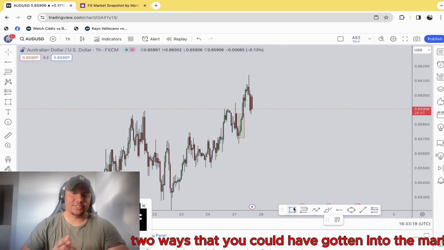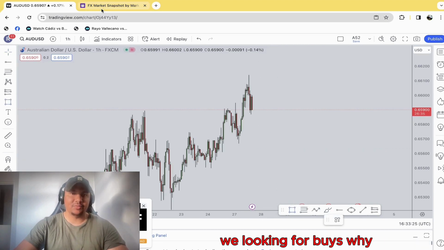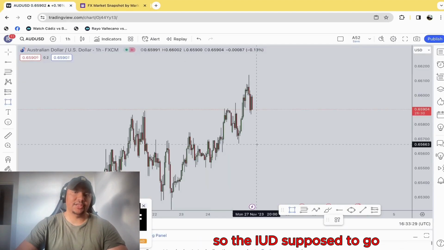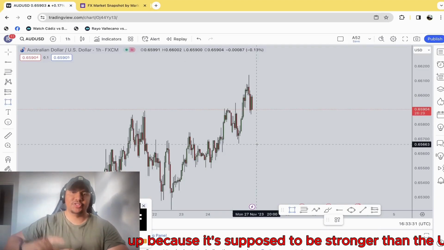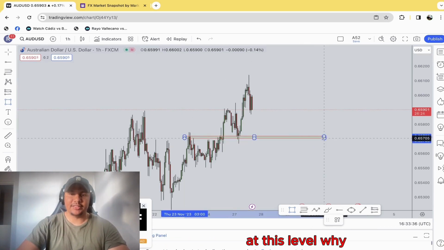Now, there's obviously two ways that you could have gotten into the market. Again, price action is fairly simple. Here, we're looking for buys. Why? Because AUD is stronger than USD. So the AUD is supposed to go up. You could have probably got into this market at this level. Why?